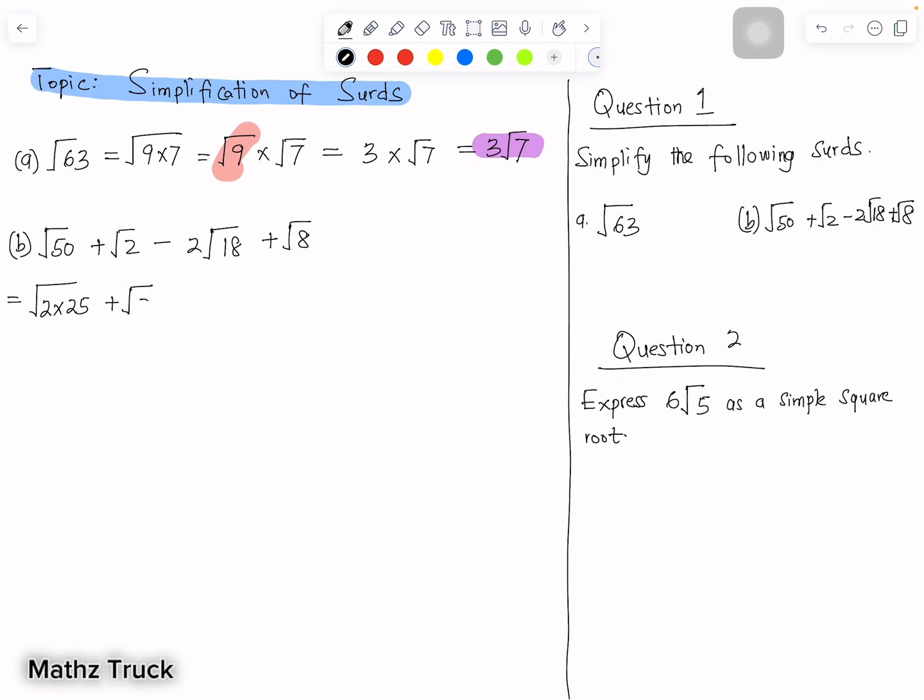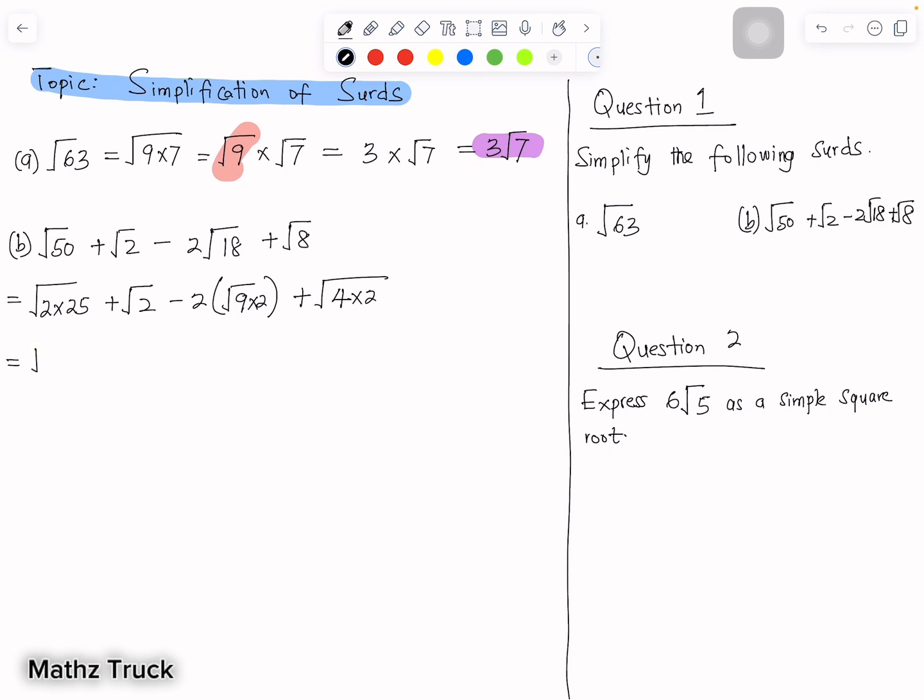Root 2, minus 2. We can write this to be 9 times 2, plus 4 times 2. Now we can break it down by expanding the bracket for those that find it difficult. That's how we do it.